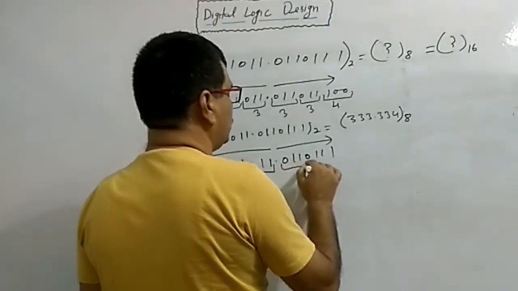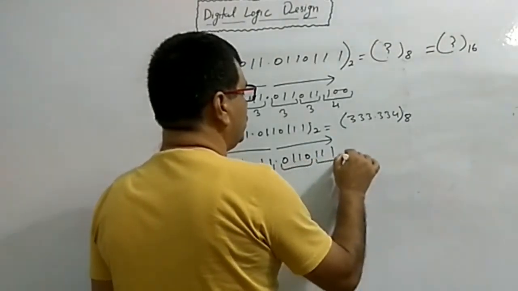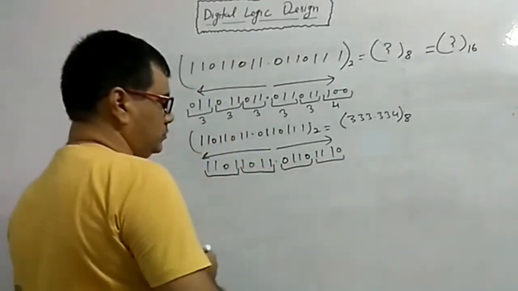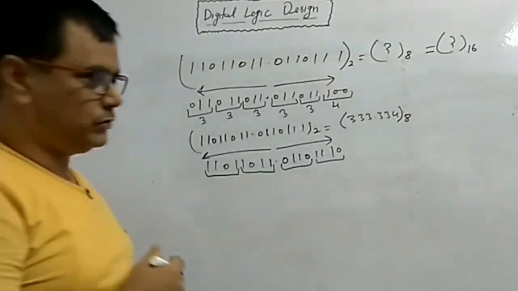Here 1 2 3 4, 1 2 3 4. You may put 0 here. You put 0 here.